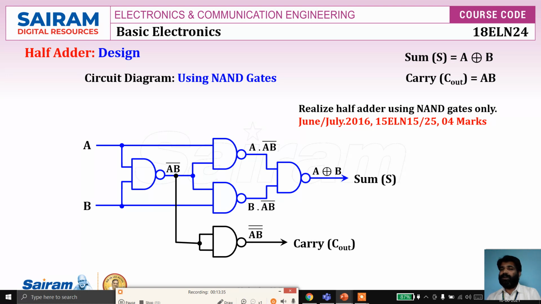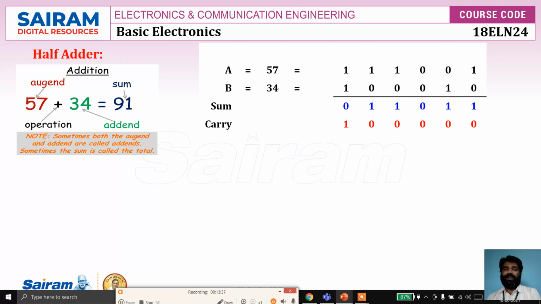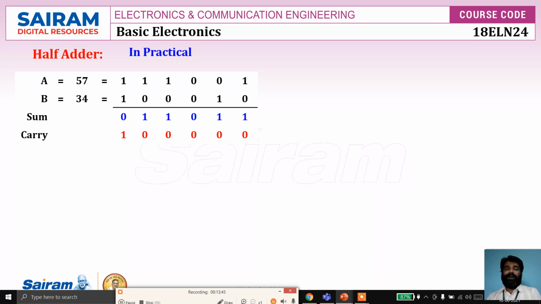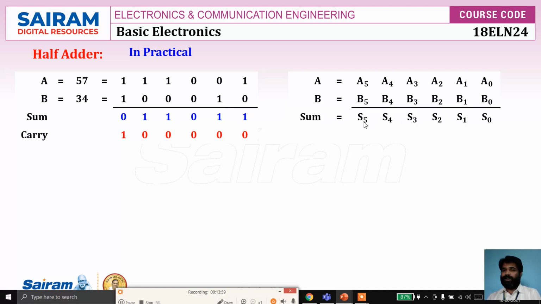Realize half adder using NAND gates only. Now, as we consider this example, practically, how can we do this using the half adder? Say we consider this as a sum and carry. We designate this number as A0, A1, A2, A3 up to A5, and the second number B0, B1, B2, B3 up to B5. So we'll get a sum S0 to S5 and carry C0 to C5.